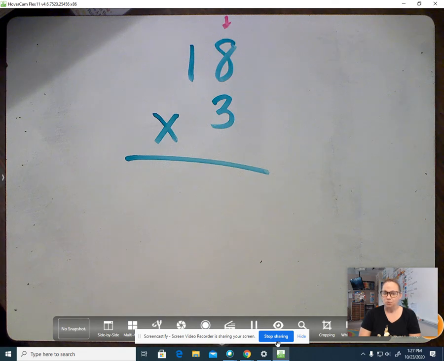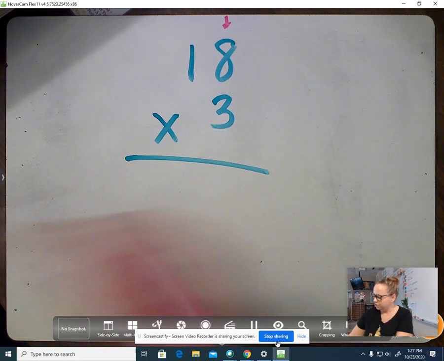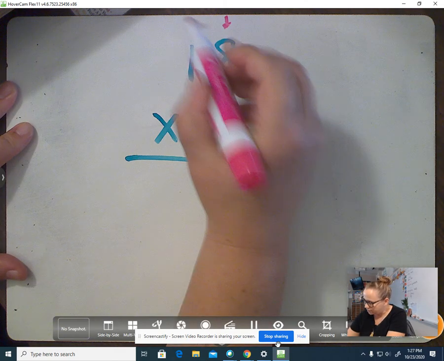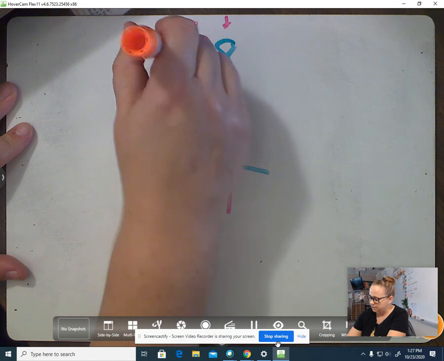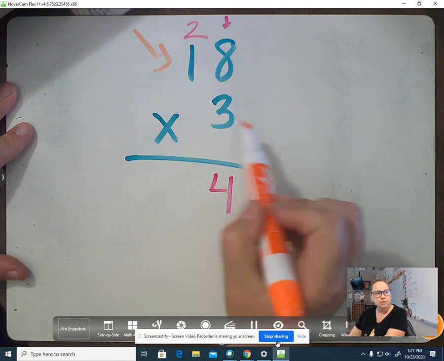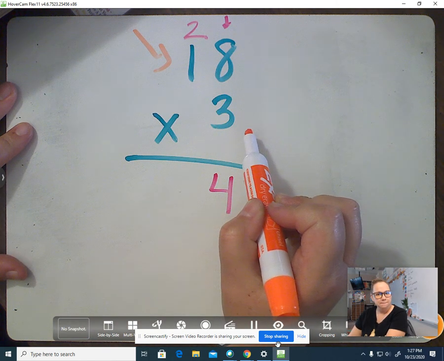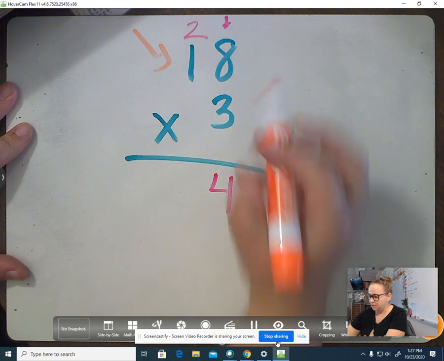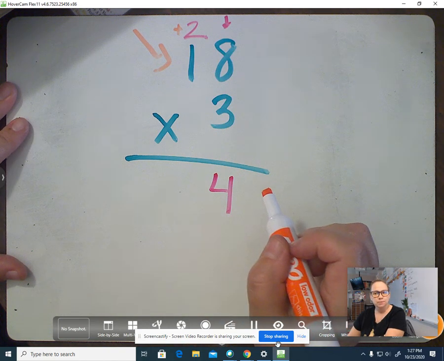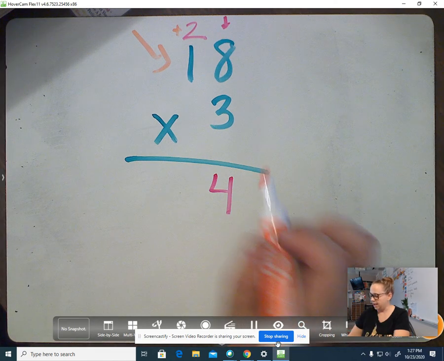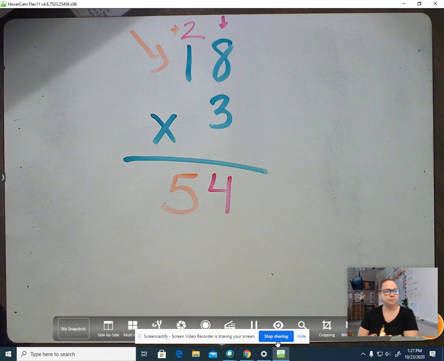So 8 times 3, 24. Good. We put the 4 here. We're going to carry the 2. Now we're going to multiply diagonally here. 1 times 3 is 3, but don't forget about this guy up here. Plus 2, 3, 4, 5, 54.